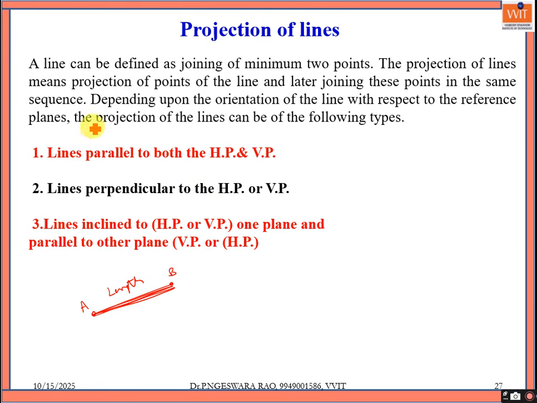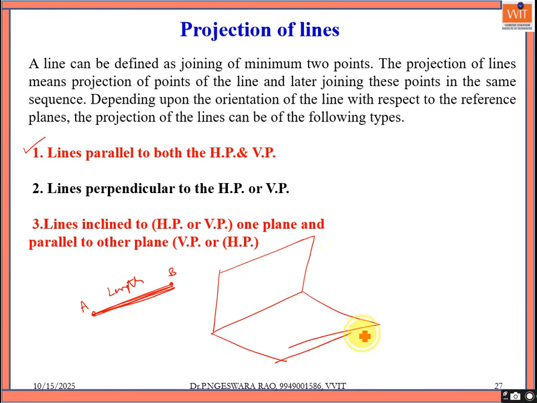Now let us consider the first three possibilities we have in the syllabus. The first one is a line parallel to both the planes. Suppose we take this as the vertical plane and this as the horizontal plane.